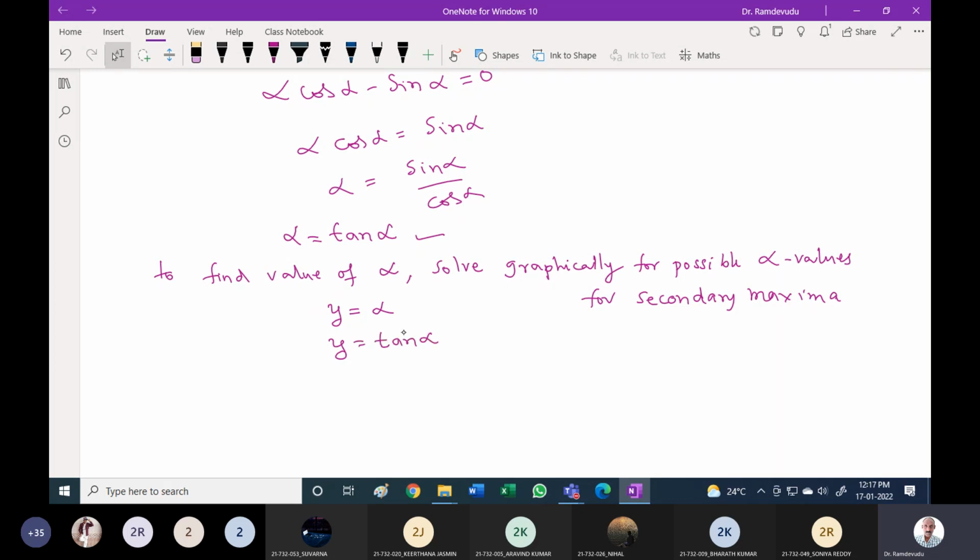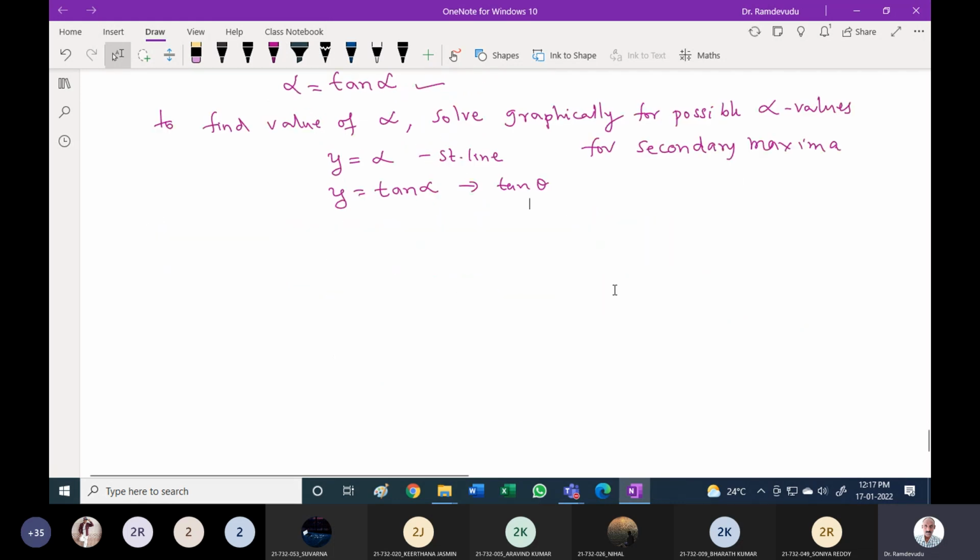I have now two equations. One is a straight line passing through the origin, and this is a tan theta graph. If I superpose these two on the same graph, where the straight line cuts the tan alpha curve, those are the solutions.